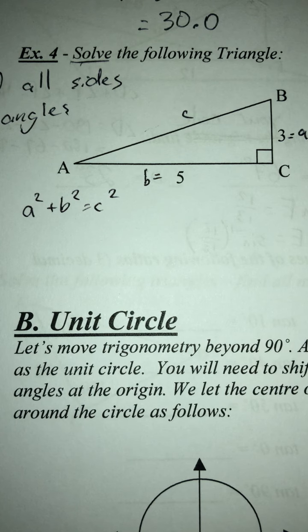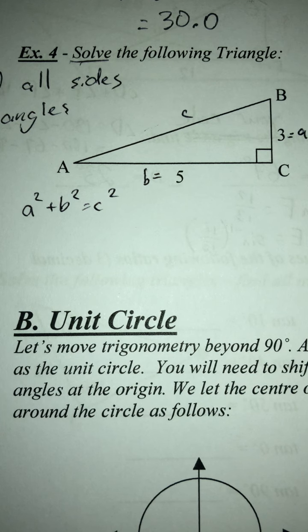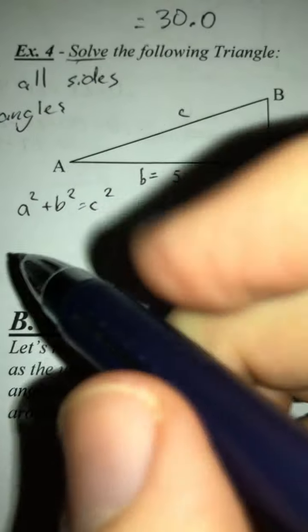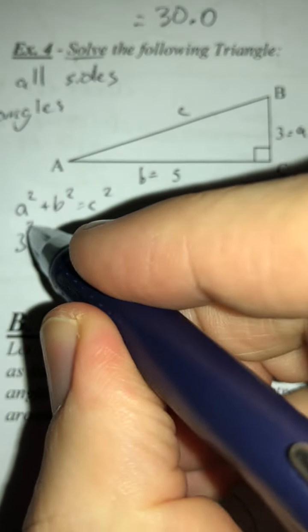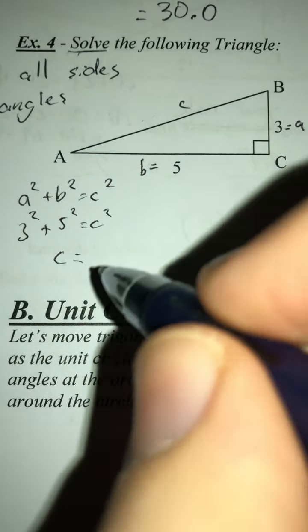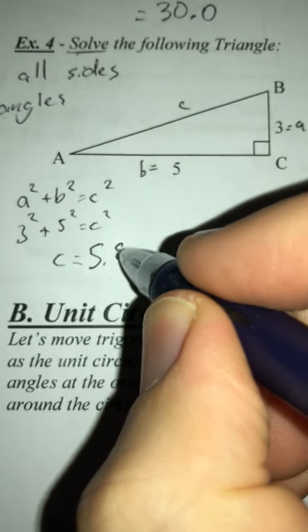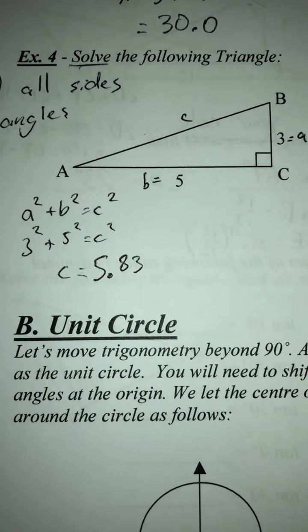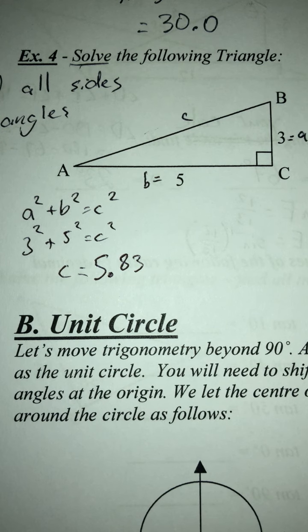This only works for a right triangle, which we're doing right now. And we can solve for c. 3 squared plus 5 squared equals c squared. Therefore, c is going to equal 5.83. That's rounded, but that's what we've got.